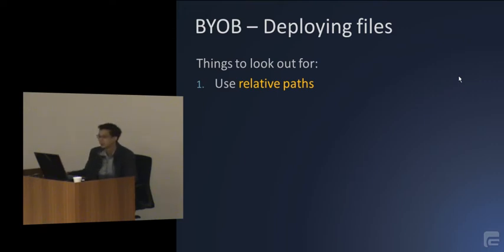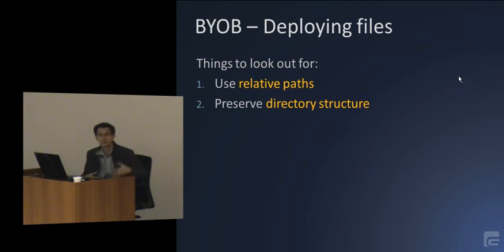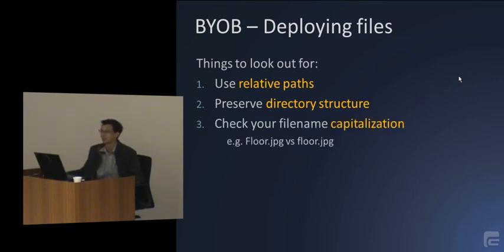So one quick tip is to use relative paths so that you can move your model and texture files together, and all the references won't break. This goes hand in hand with preserving the directory structure. For example, if your model file is in the root, and then you create a subdirectory called textures, and you put your textures there, when you move this to your web server, be sure to preserve the directory structure so that the relative paths will continue to work.